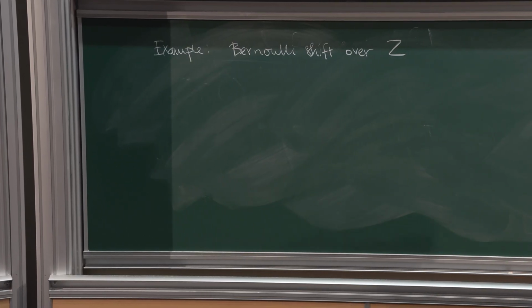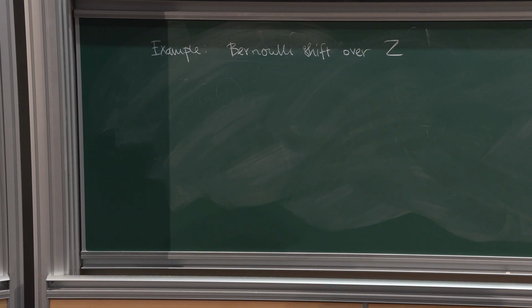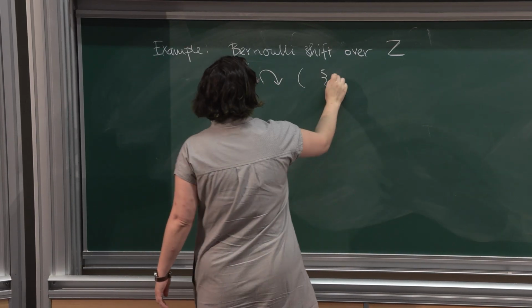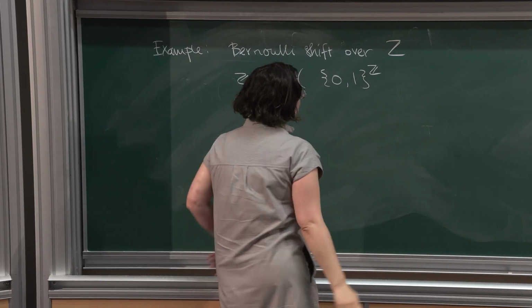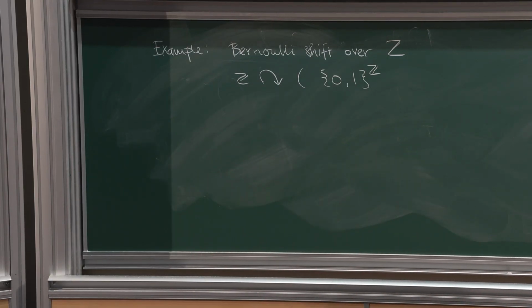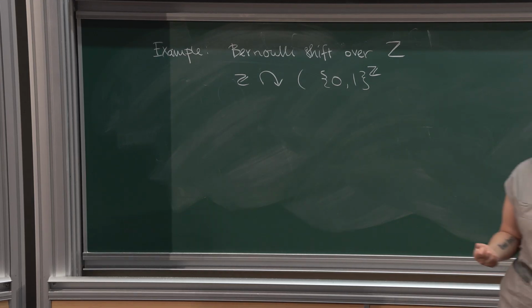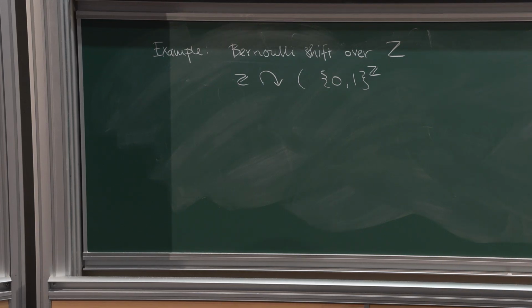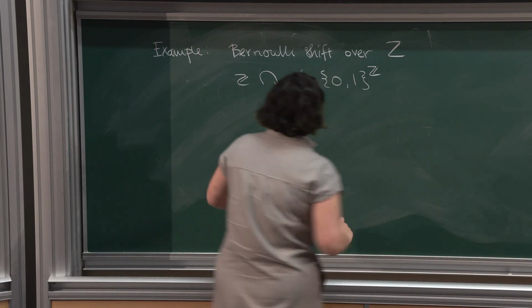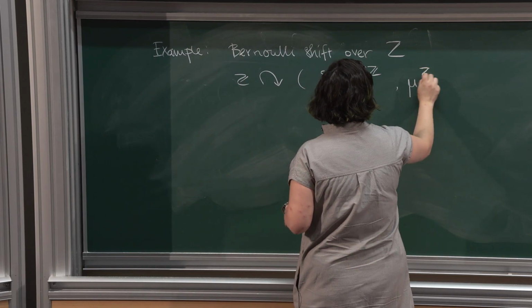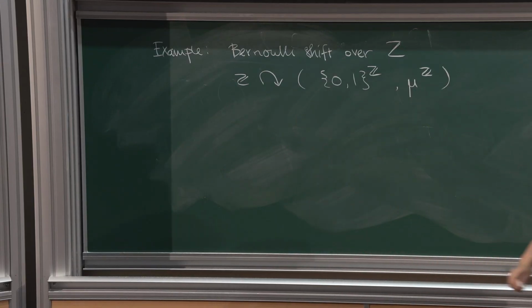Here, our countable group is Z, and our standard probability space is the space of Bernoulli random variables indexed by Z. So think of your integer number line: at each vertex you have a Bernoulli random variable, each one with some probability 0, some probability 1, and all of these Bernoulli random variables are independent and identically distributed.